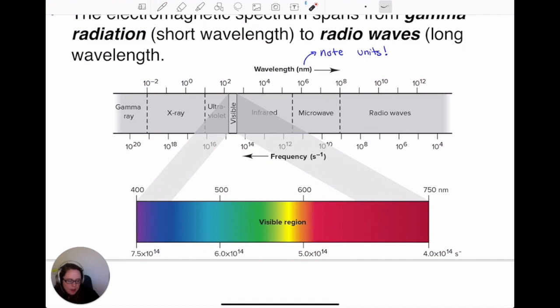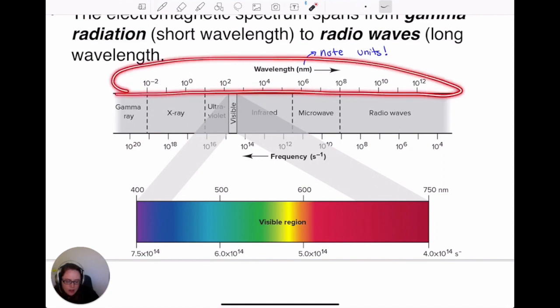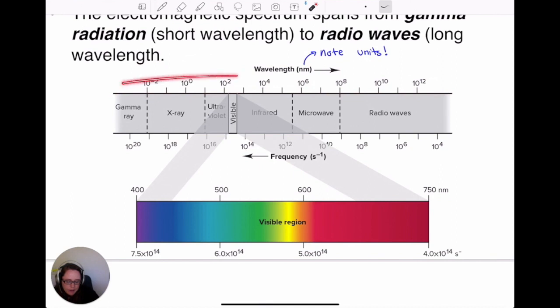Okay. And so another thing that you'll notice from this graph is that we have wavelength increasing on top, going from left to right. And then on the bottom, our frequency, if we go from left to right, is decreasing. So going from right to left is our increasing frequency. So wavelength and frequency are inversely related.